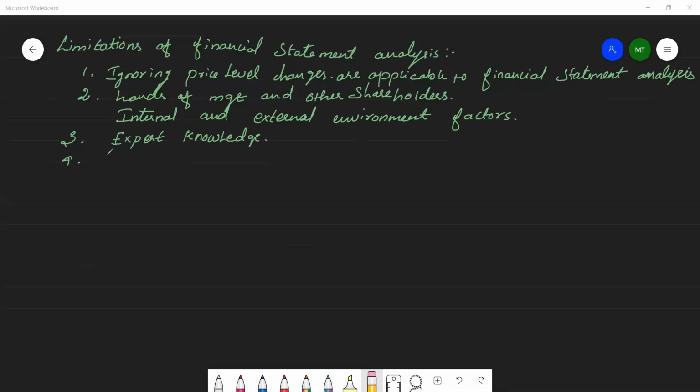Then fourth one is interpretation of the analyzed data involve personal judgment as different experts may give different views. So different experts different view la enna seivanga analyze பண்ணுவாங்க. So the analyzed data involves personal judgment.